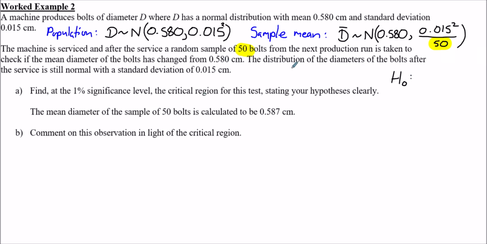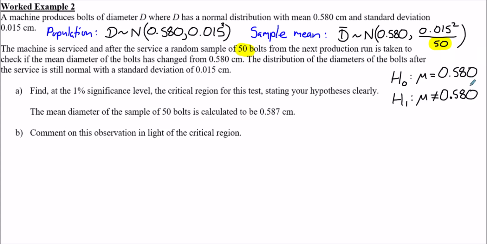The population mean would go for 0.580 still. Whereas H1, we're just trying to test if the mean has changed. It doesn't say increased or decreased, just simply changed. So here, we'd test if mu is now simply not equal to 0.580.